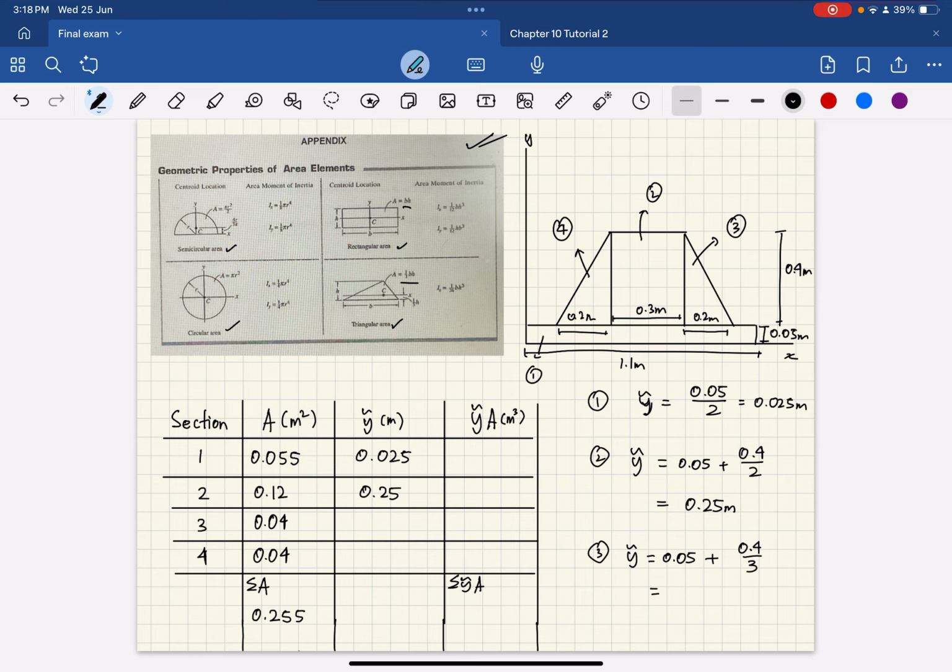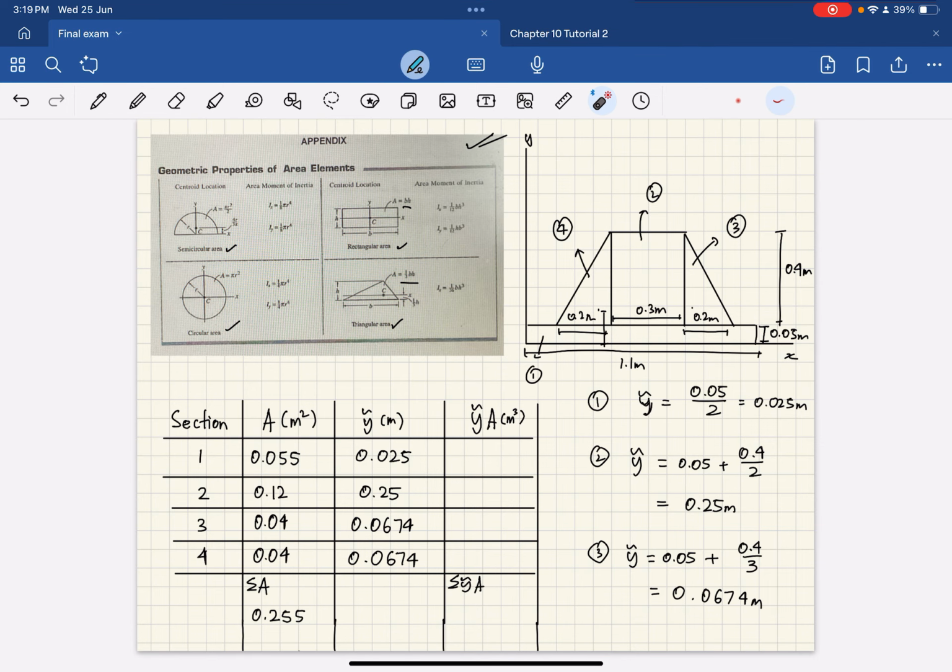Okay, so I just changed it. 0.4 divided by 3 is just 0.0674 meters. Okay, and the same also applies for 4 because they're both the same exact triangle. So therefore the distance from here to here, the reference axis, is the same.